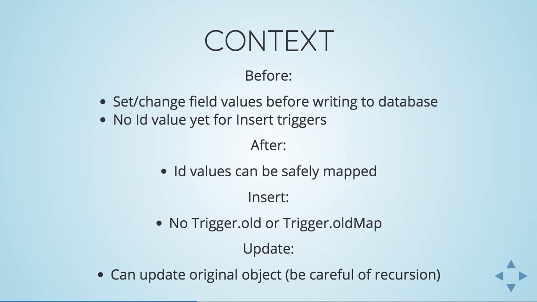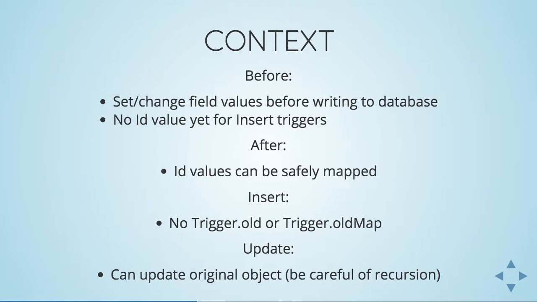So again, just taking a quick look over at context, you want to set and change field values before writing to your database. By that I mean in a before context trigger. But keep in mind you're not going to have an ID value yet if you're in a before insert. If you're in an after insert, then you can safely create record maps keyed by ID values.